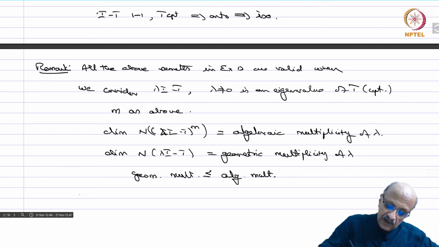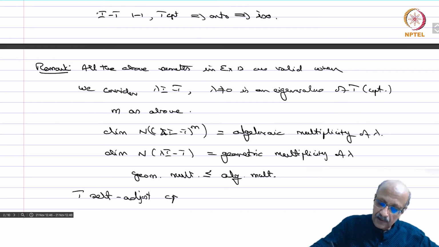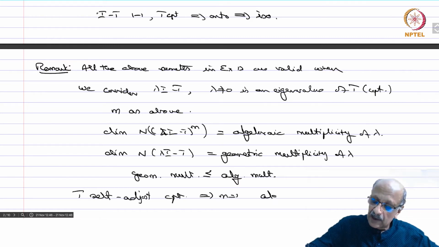So you have this. If T is self-adjoint, compact, this implies that M equals 1, therefore algebraic multiplicity is the same as the geometric multiplicity.